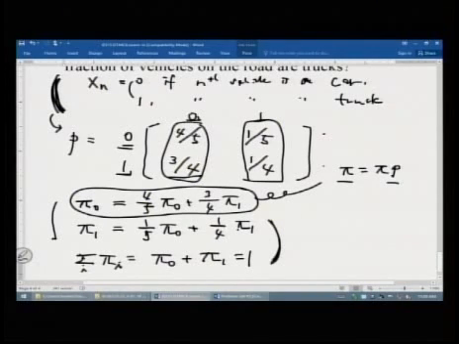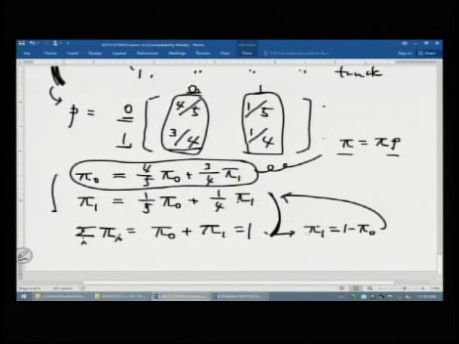So the easiest way is here from the second equation. You see that pi 1 is 1 minus pi 0. And then we're going to use this in the first equation. Right? That's what I did earlier.